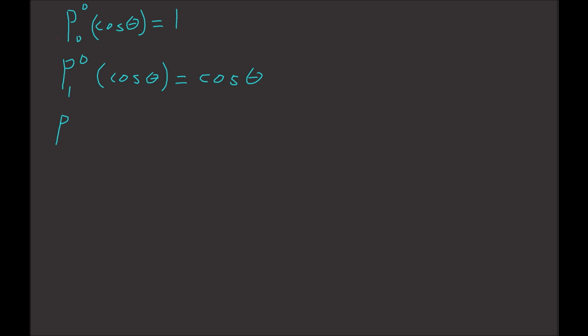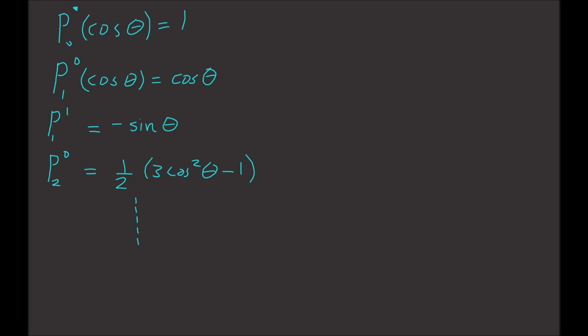Now if you have P of 1 and 1, this gives you minus sine of theta. P of 2 and 0 gives you 1/2 times 3 cosine squared of theta minus 1, and so forth. You can look them up if you want.